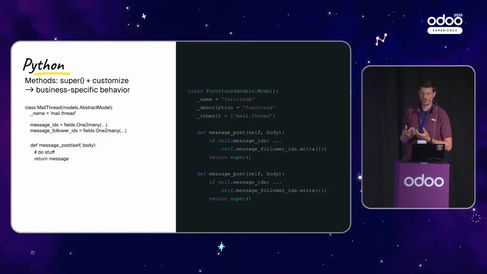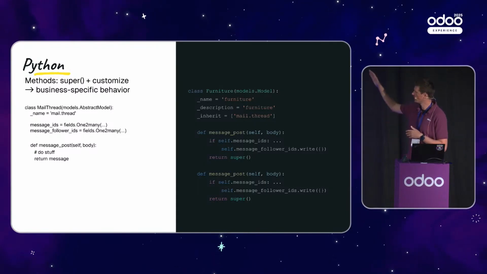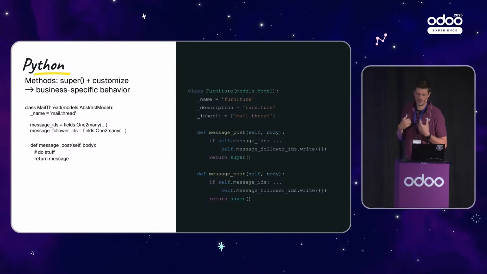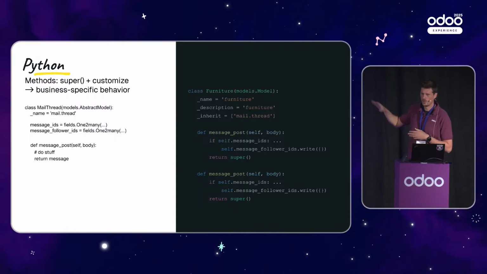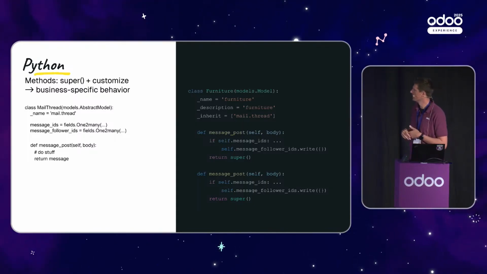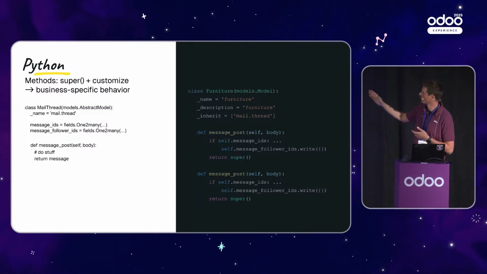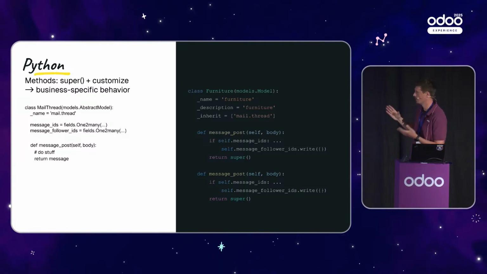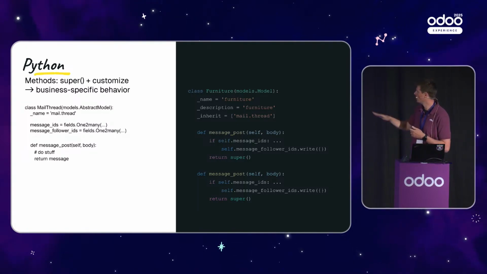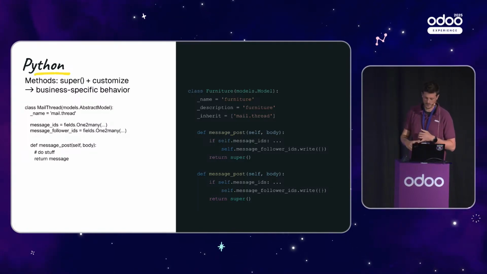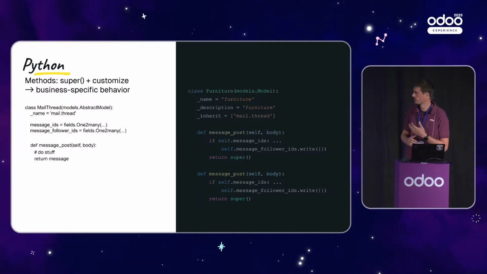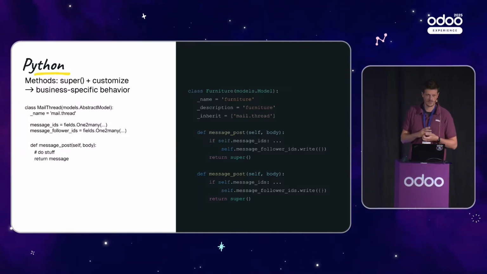It's the same also for the functions. So all the definitions you have in the mail thread file, you see also in my new model. So that means that you can call, for example, message_post, and you have also some other methods. Obviously, you can reuse, or you can also overwrite the normal method, if you want.